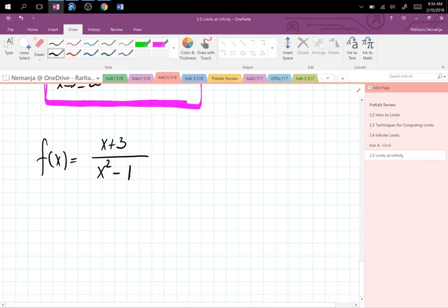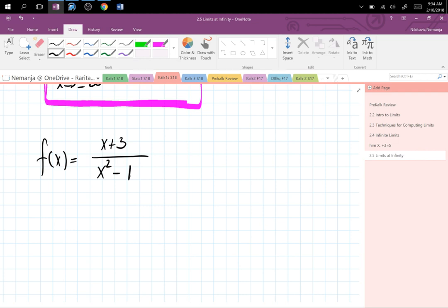That knowledge should be available to all of you, because that was the last class. Two vertical asymptotes, definitely, because we have two candidates, and none of the factors cancel with x plus 3, because none of them is x plus 3.